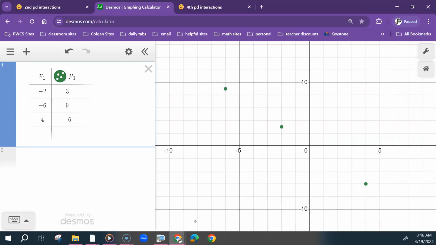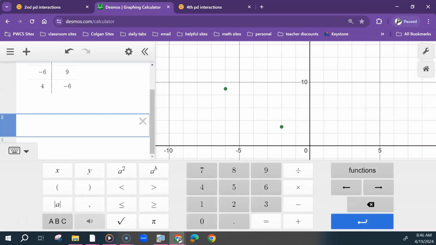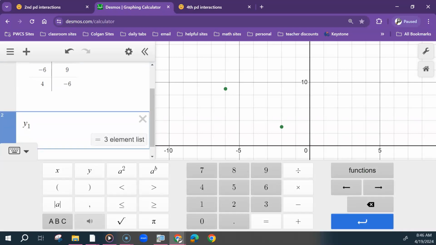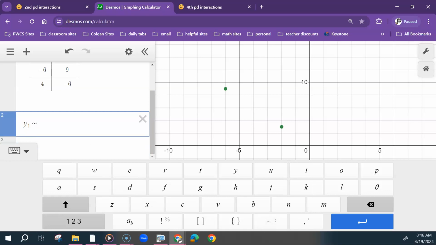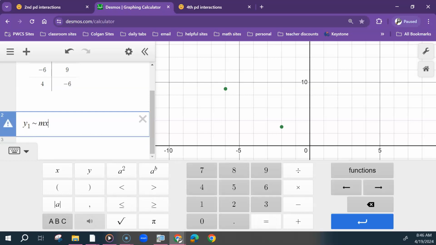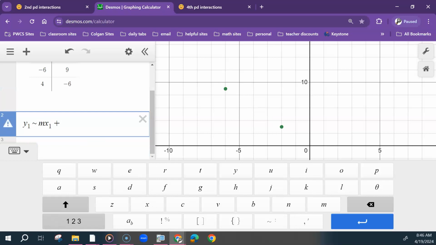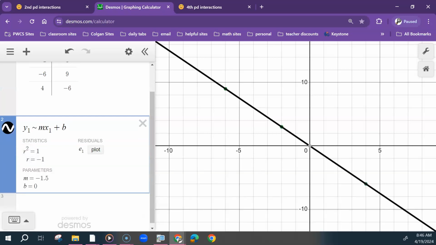To find the actual equation, use your x1, y1. So y1, your tilde, this is the line, mx1 plus b. And your equation would be y equals negative 1.5x, or y equals negative 1.5x plus 0. Either is fine.